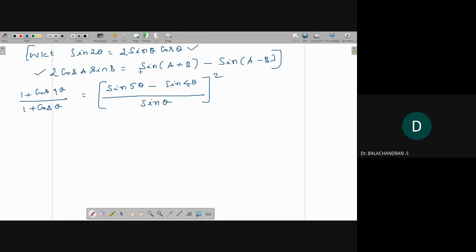Up to this you use some idea, and the remaining part is how to do the sine 5 theta by sine theta expansion. Similarly, minus sine 4 theta by sine theta. Find them separately, then subtract, and you will get the final answer.